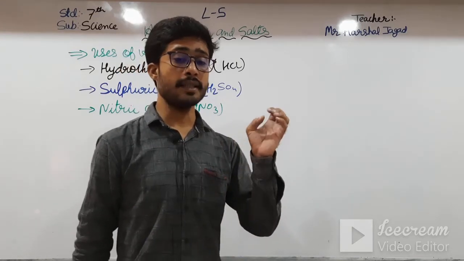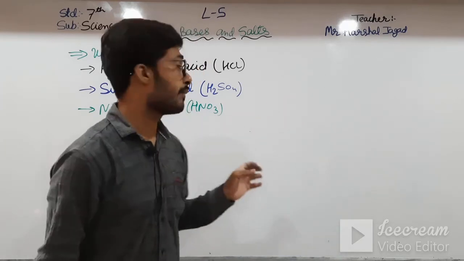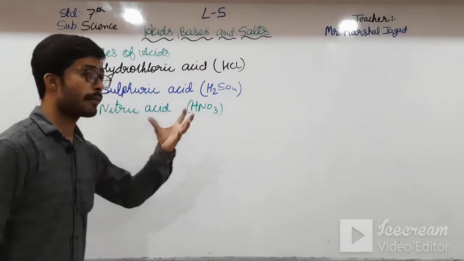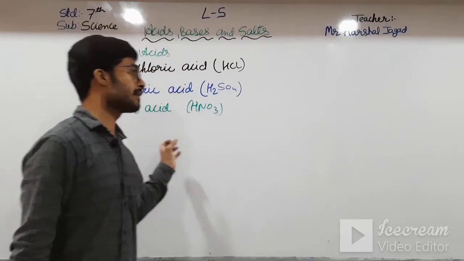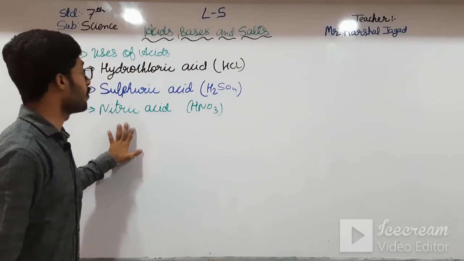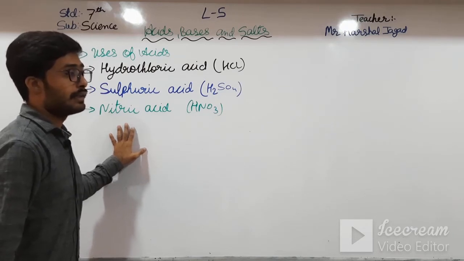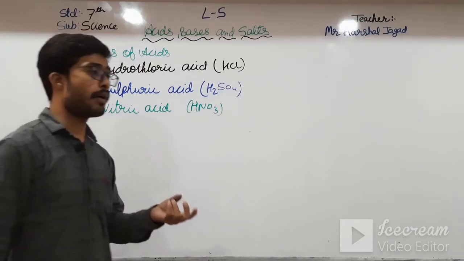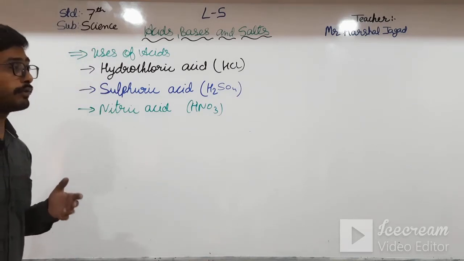Hydrochloric acid and HNO3, that is nitric acid, are mixed together, and while mixing we have to take care, because both are strong acids. As we mix them, smoke will come out, and if it goes inside our nose, we will feel irritation.